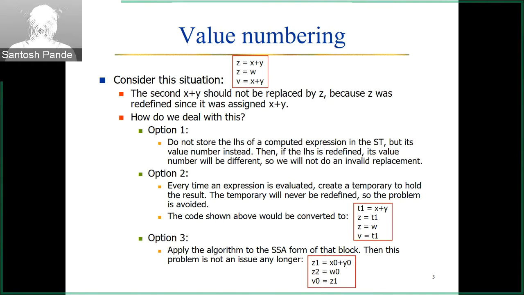In a basic block, of course, it's very easy because the value is generated and is always available within that block. So the example shown here at the end of option 3, let's focus on that. We have x plus y generated there.